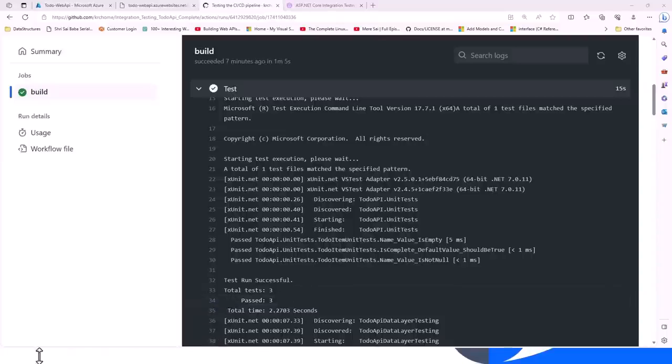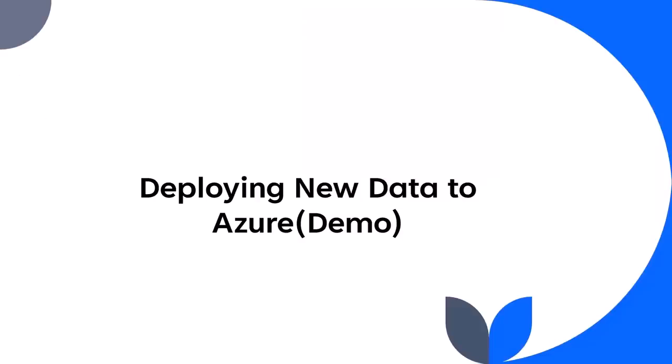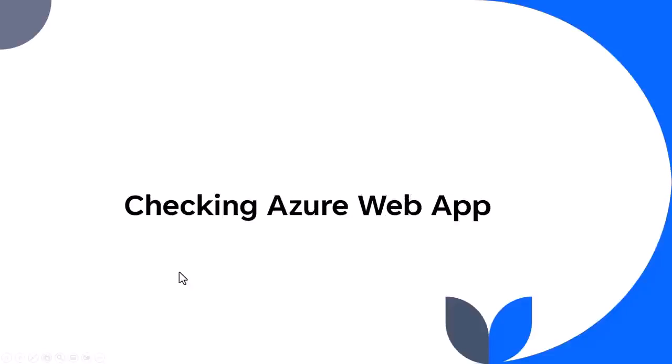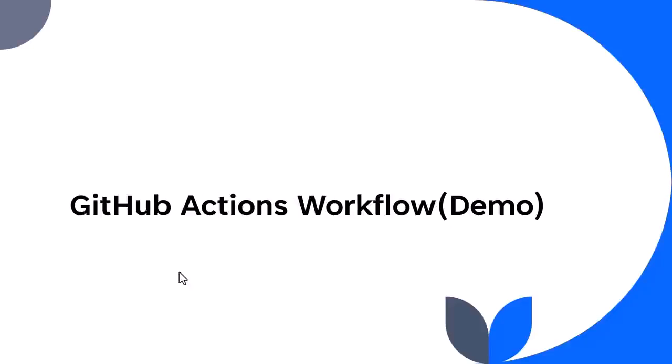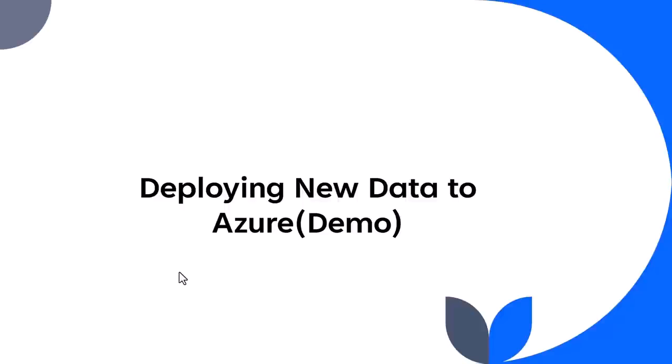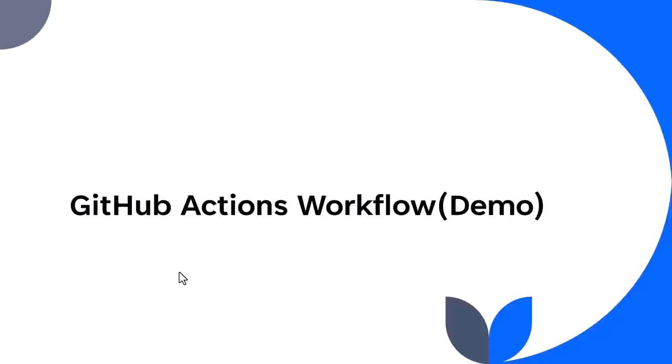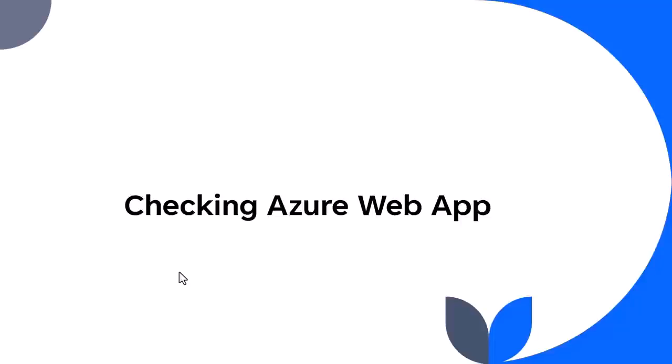Okay, so the next step is checking the Azure web app. The previous steps we have already done: the GitHub Actions workflow and deploying the new data to Azure. Now let's check the Azure web app.